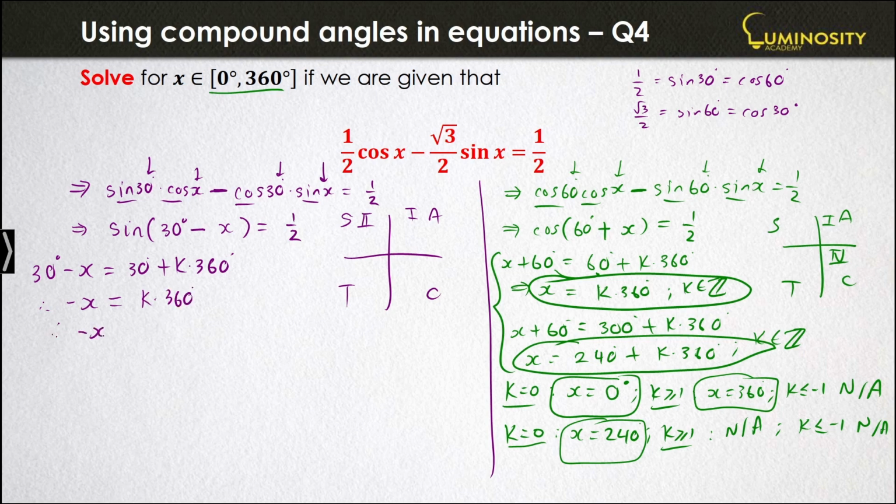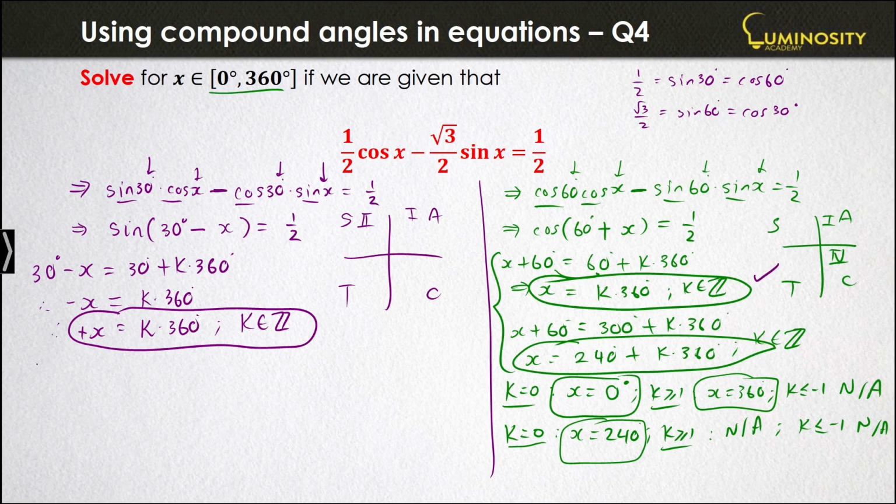If I multiply by -1, I could put negative k times 360, but because k is an integer, it could be positive or negative, so I can just leave it as k. Essentially the general solution is x equals k times 360.